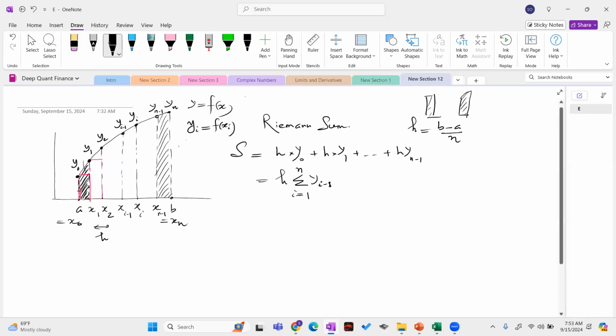Okay, so this is the formula that I can use to calculate the Riemann sum or the area under the curve. And this one is called the left rule, S left, because for every region, there are two choices of heights available, and I'm taking the left one. So this is the left sum.